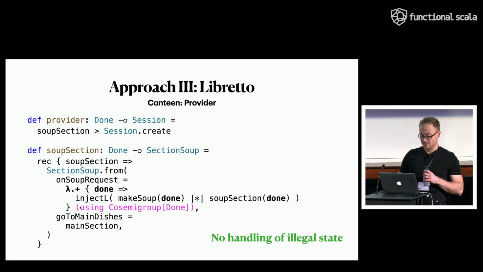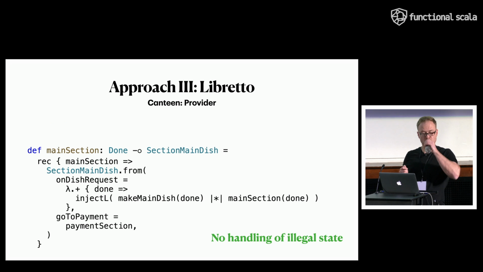But the ability has to be witnessed by an instance of this cosemigroup type class. And we use this lambda.plus, which then inserts one duplication for each additional occurrence of the variable. Main section is exactly analogous.